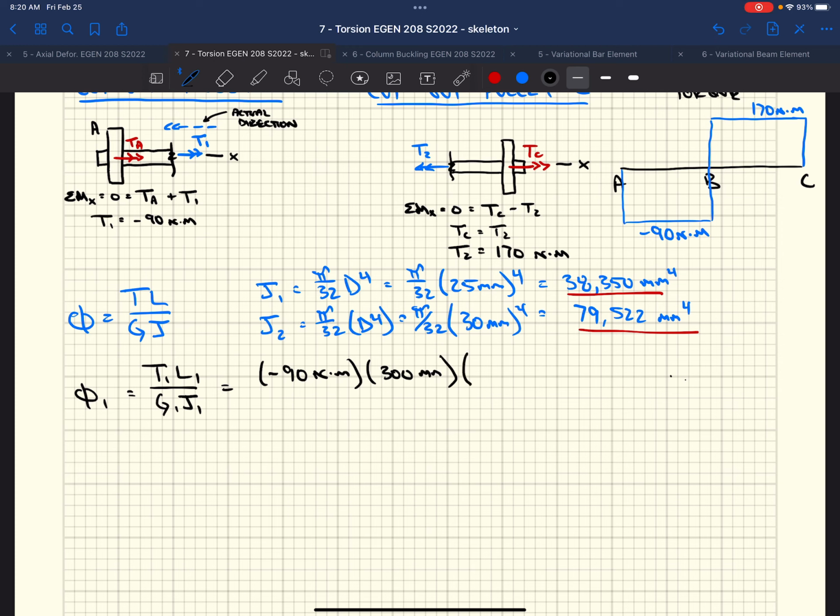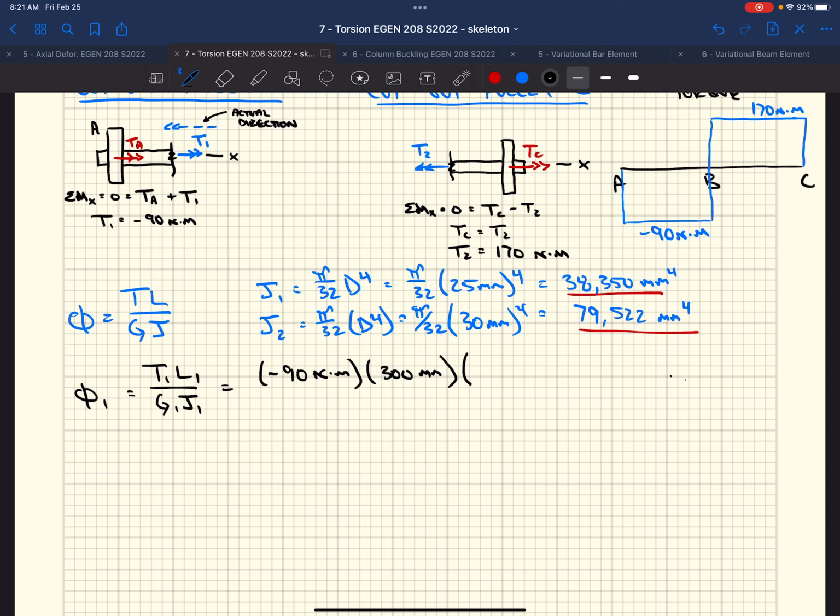Because our torque is in Newton meters, I want to change this torque to include millimeters.